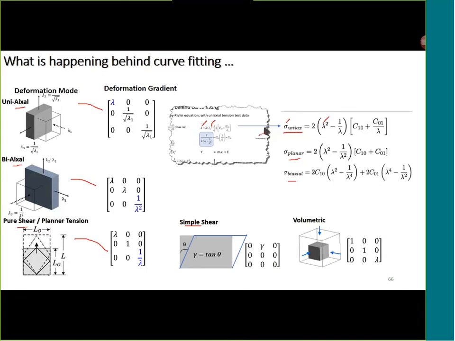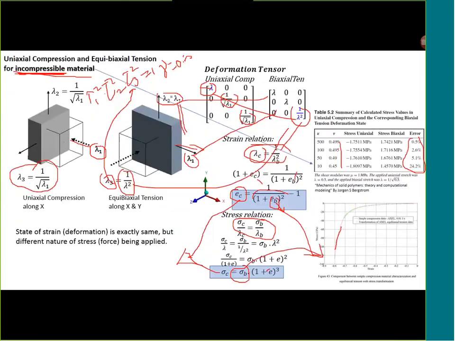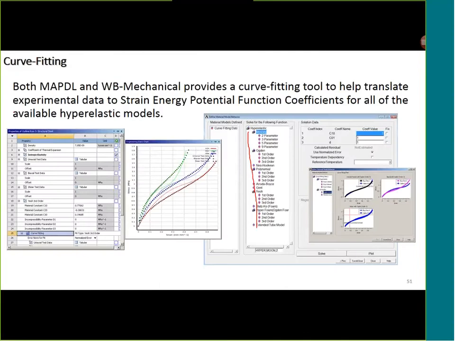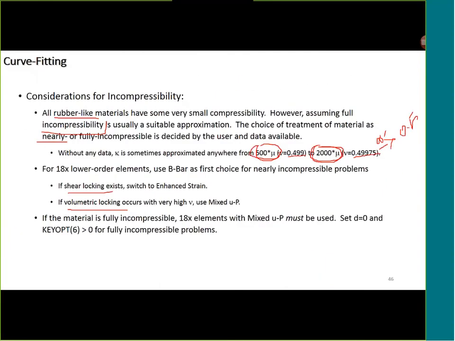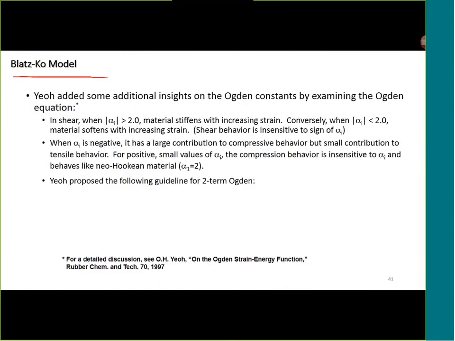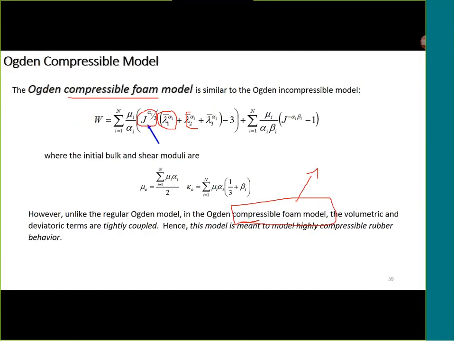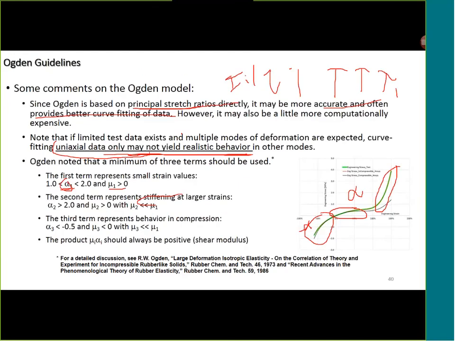From these three linear equations, we are going to derive all those material parameter constants. Look at that. In one particular material model, I mentioned that this material model is directly a function of the stretch ratio rather than strain. Because of this, the curve fitting becomes more accurate compared to the other material models.